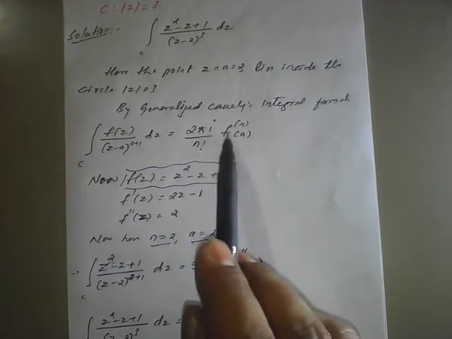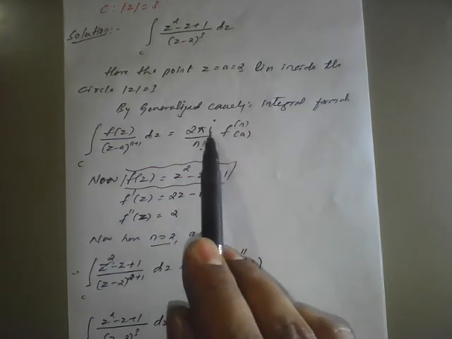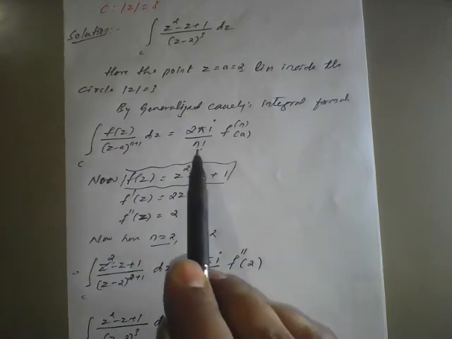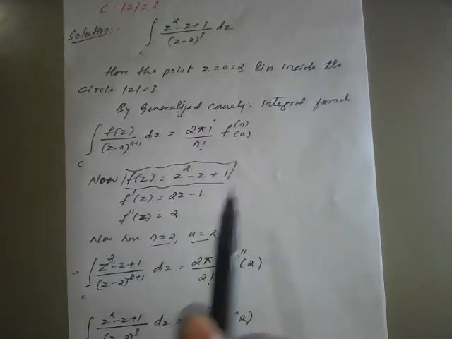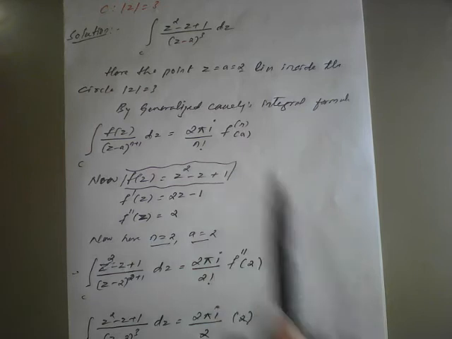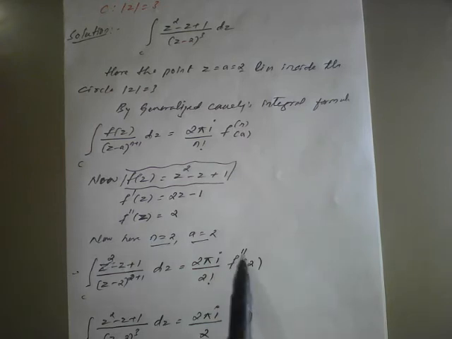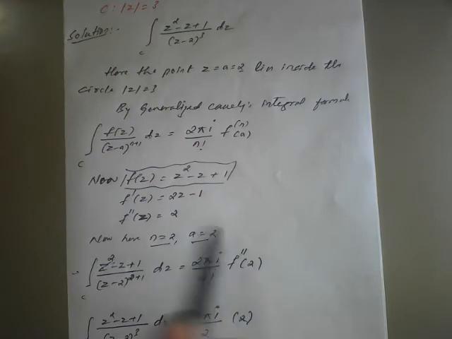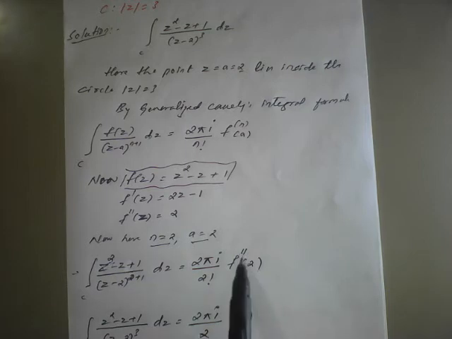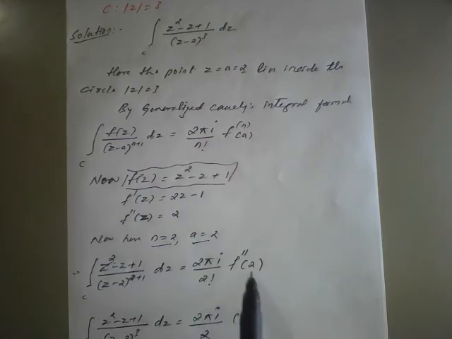As per the right hand side of the generalized Cauchy's integral formula, it is 2 pi i upon 2 factorial, since n is 2 here. We put dashes according to n: if n is 3, we put 3 dashes; if n is 4, 4 dashes, meaning 4 times differentiation; if n is 1, one dash. So f double dash means n equal to 2, at the value of a, which is 2.